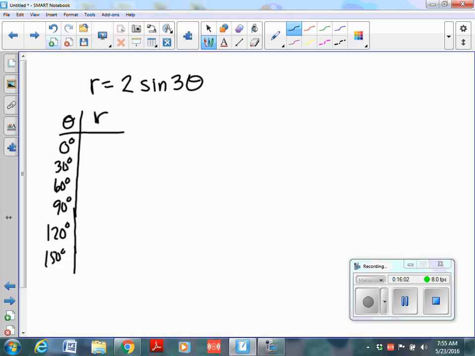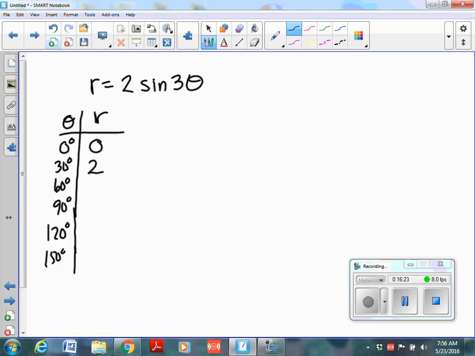When sine is 0, you get 0. When sine is 90, because 30 times 3 is 90, the sine of 90 is 1, you get 2, and you plotted points. Okay, but there's another way you can do this.